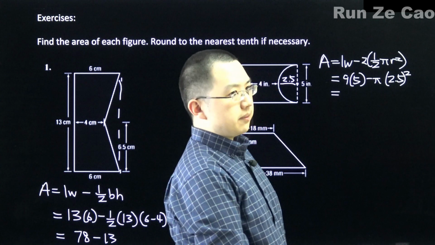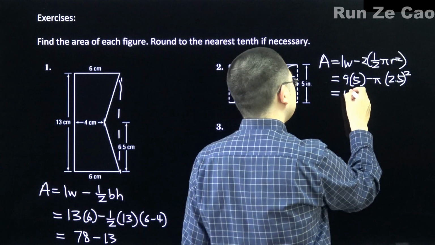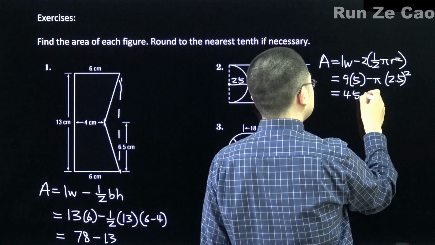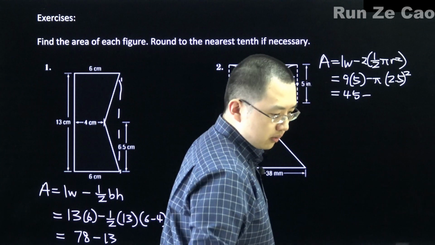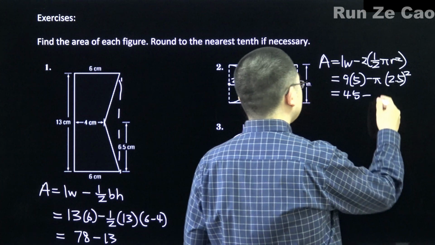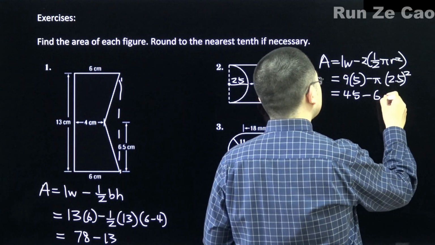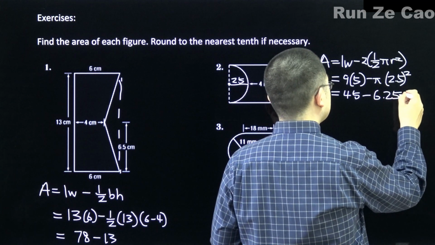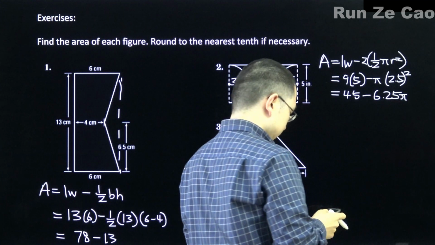So 5 times 9 is 45, and then minus 2.5 squared times pi. Isn't that just 6.25 times pi? 6.25 pi. Okay.